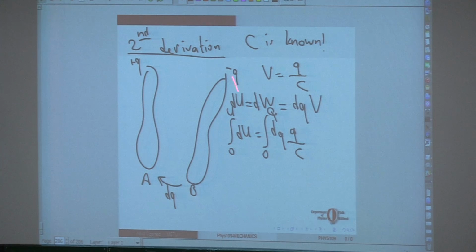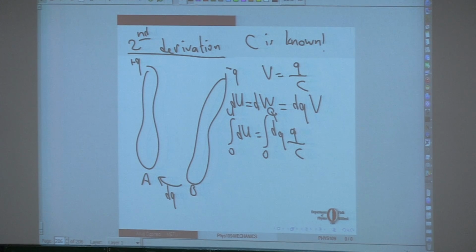But the potential energy change in the system is the work that I do, assuming there is no kinetic energy change. No, I'm carrying this charge. I'm only talking about taking this dQ and moving it from the negative charge to the positive charge.